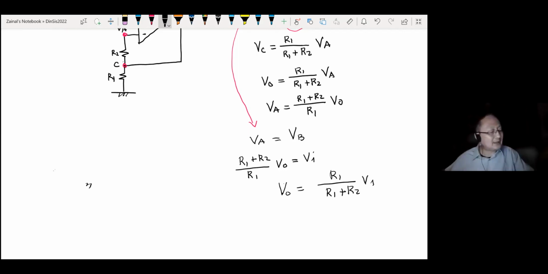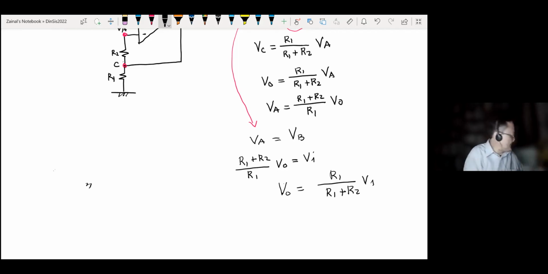I think I made a mistake when drawing this one. So basically, any operational amplifier circuit can be drawn similarly, and for any circuit the relationship can be derived.